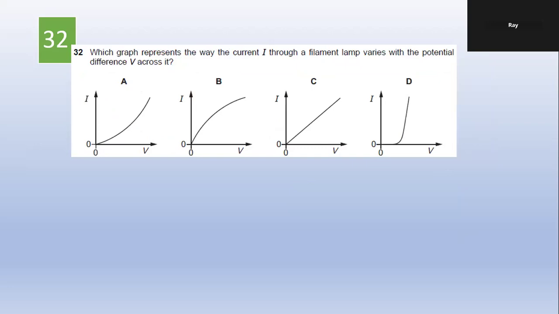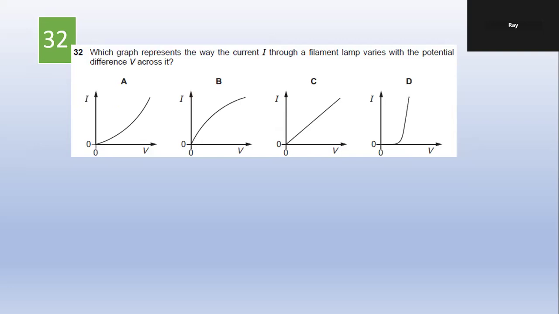The graph represents the way the current through a filament lamp varies with potential difference V across it. Is this memory work? But this one is the reciprocal. It's supposed to be V on the y-axis, right, instead of this way? No, this is the right way to represent.